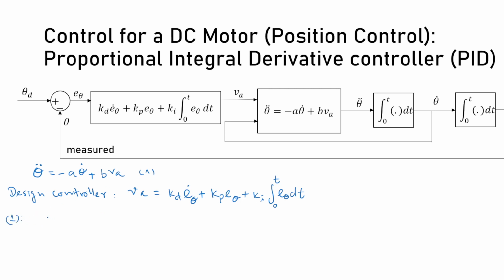So equation 1 can be rewritten as theta double dot equals minus a theta dot plus b times kd times theta d dot minus theta dot, plus kp times theta d minus theta, plus ki times the integral from 0 to t of theta d minus theta dt.